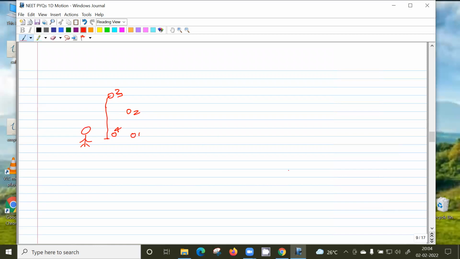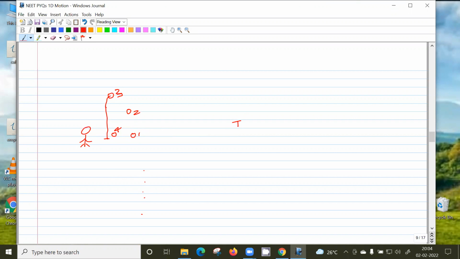Okay, and all of them are thrown with the same speed. So let the time taken for the first ball to go up and come down be capital T. In this interval of capital T, you have thrown the first ball, second ball, third ball, fourth ball.